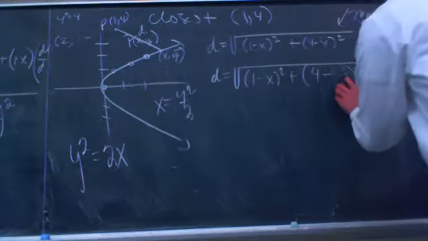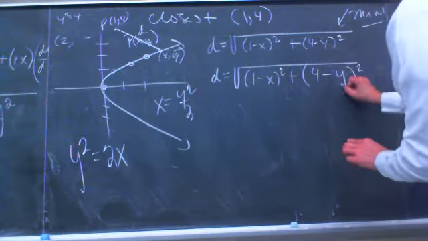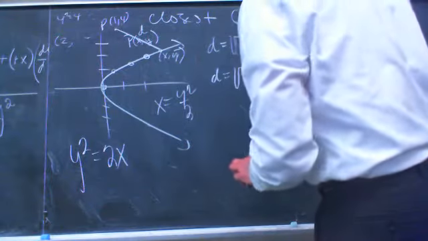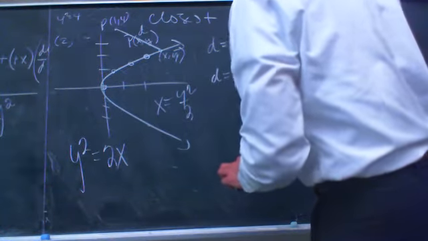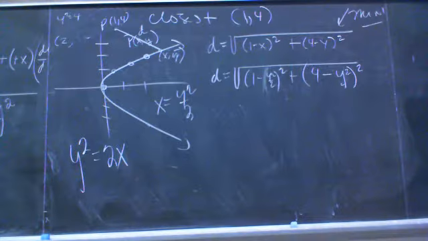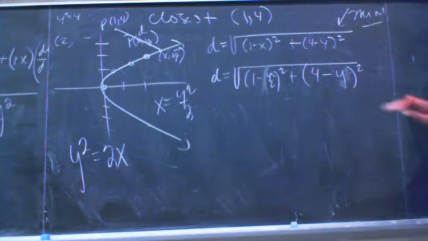So this would be y squared, right guys? And this would be y squared over 4, squared, yes, thank you. Oh, it should be 4 minus y, thanks. Okay, so we're good?